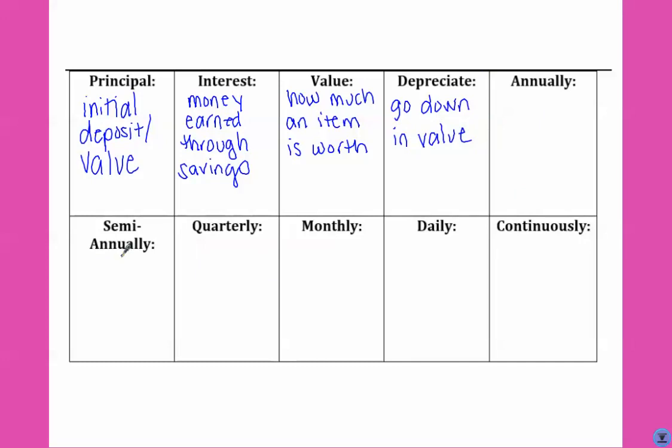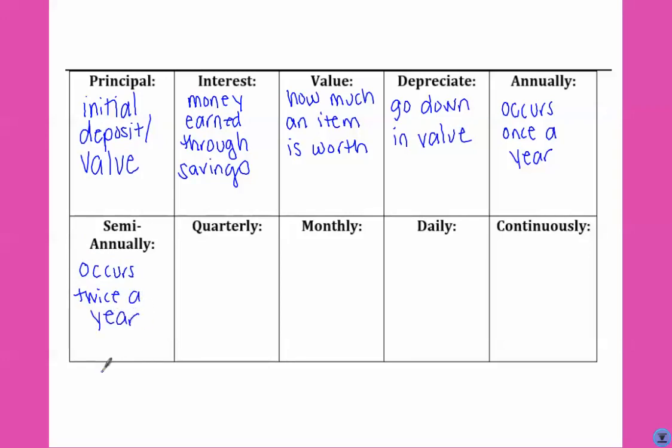For these next couple, we're going to look at them in terms of how many times they happen a year. So if something happens annually, it occurs once a year, like your birthday, Christmas, Easter, Halloween, first day of school. Semi-annually means it occurs twice a year.